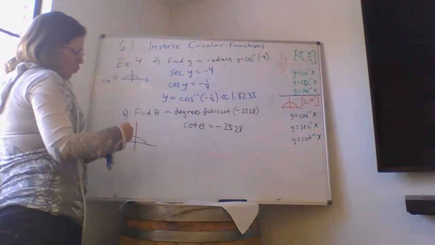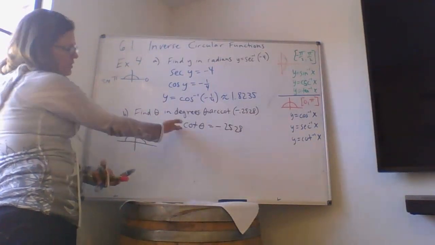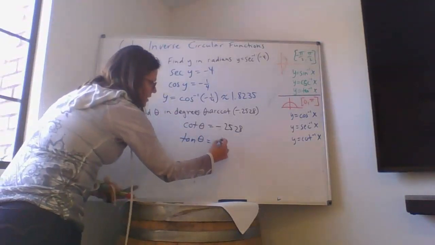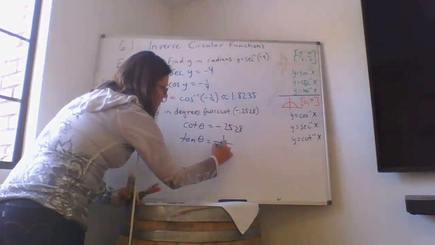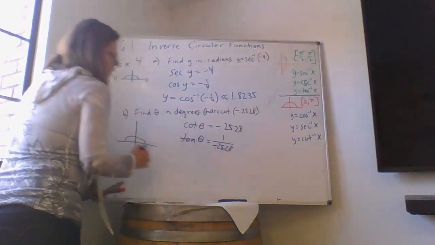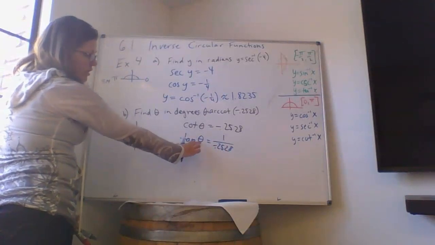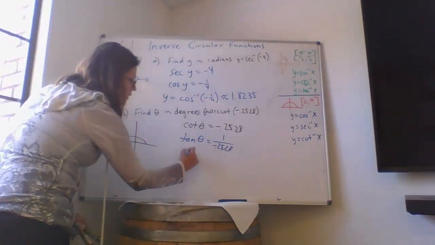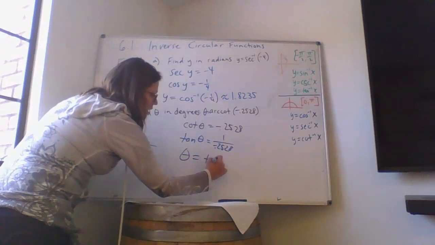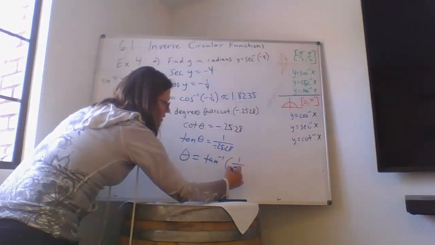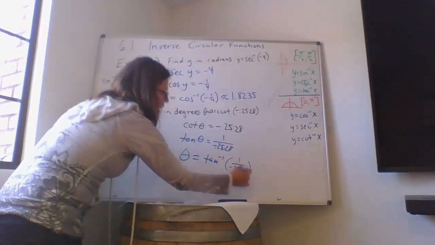So now we can say, oh, well, cotangent isn't in the calculator, but tangent is just going to be the reciprocal, 1 over negative 0.2528. So now that we have tangent of an angle, we can find that angle by using the inverse of tangent, making sure to put 1 over negative 0.2528 into the calculator.